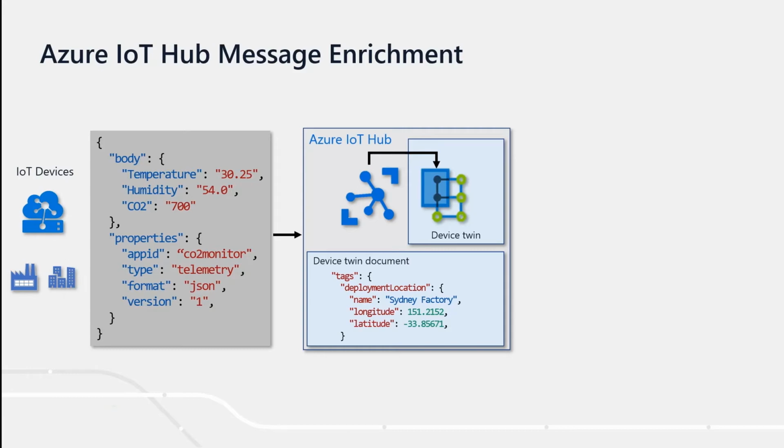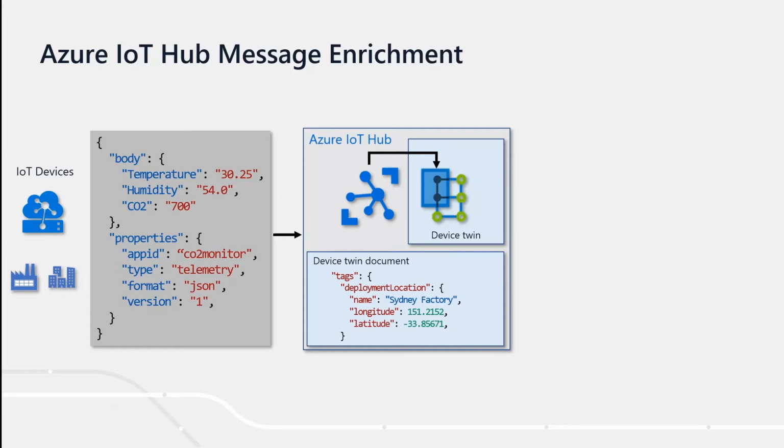A tag section can be really useful to enrich the data as it's flowing through. For example, when you deploy that device, you won't really know its location. Yes, you can have the device send a geolocation of where it's at, but often, as part of the provisioning system, you provision the device, you have the ID for it, and then you build a back-end application that updates these tags with things like the device name.